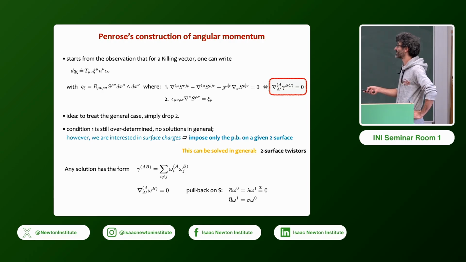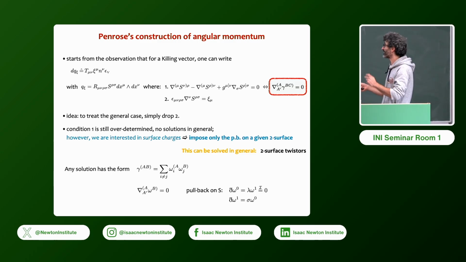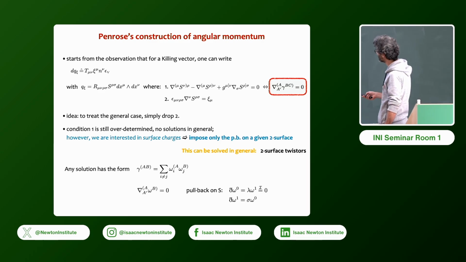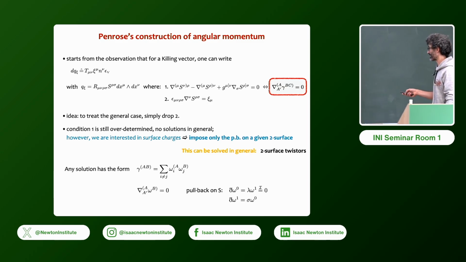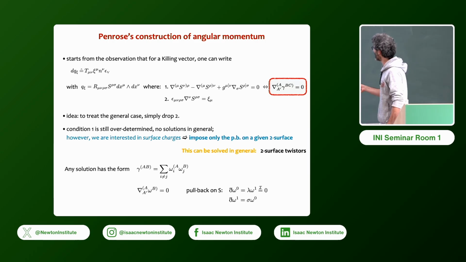Any solution of these two-surface twistors can be written as a linear combination, as this binomial, in different solutions of the standard twistor equation, which you want to solve only as its pullback on a two-surface. And if you pull it back to scri, to a cut of scri, these equations become equations on the set of these two components expressed in terms of the two shears, the transverse shear and the parallel shear at scri.